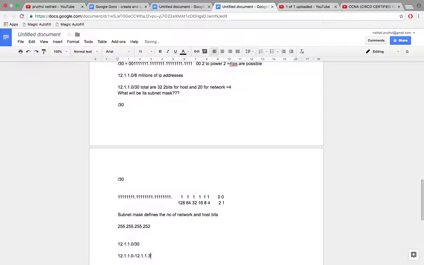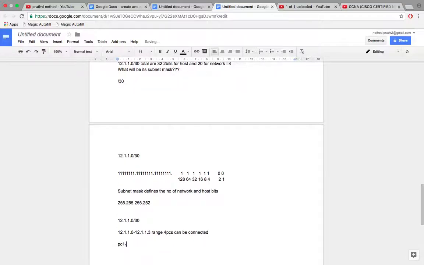So 0, 1, 2, 3. 4 IPs. This is the range, 12.1.1.0/30. So 4 PCs can be connected.